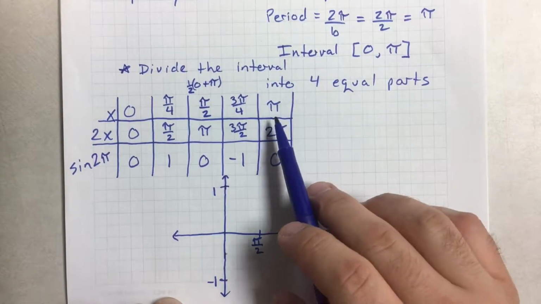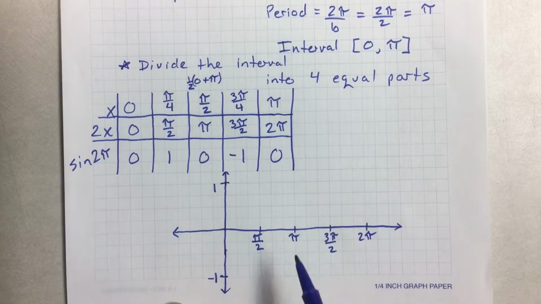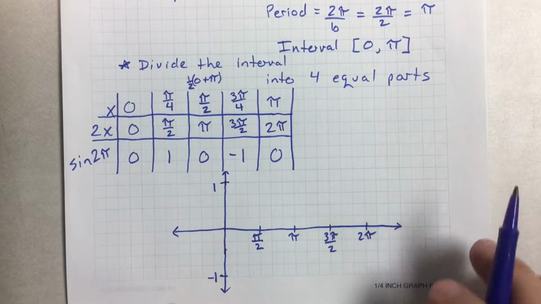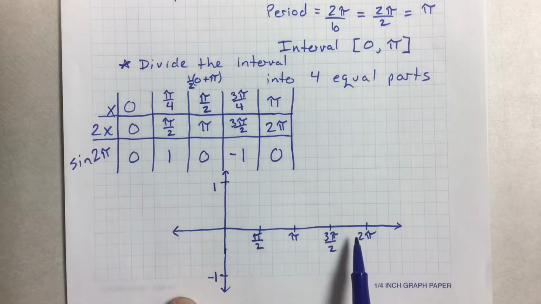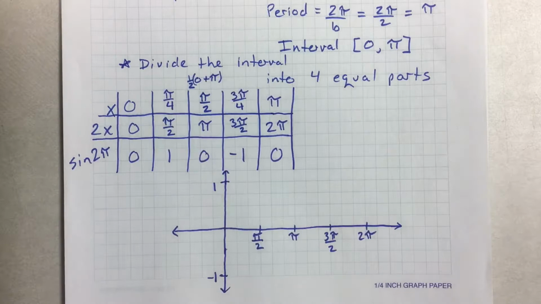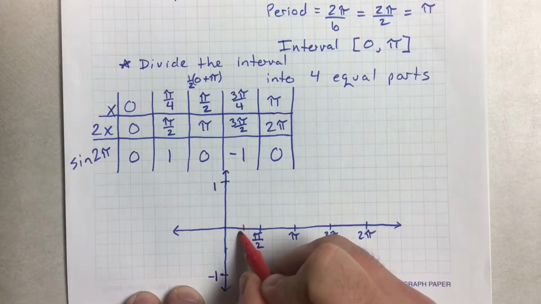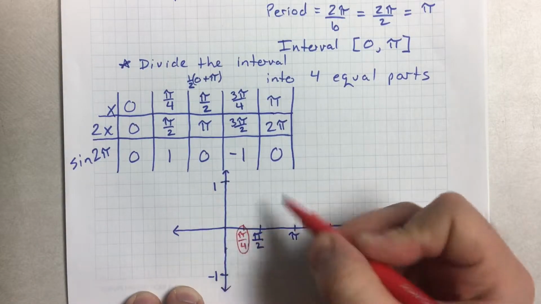Now you might say, wasn't our interval only to pi? Well, yes, and you're going to see why I wrote all the way out to 2 pi. To graph this, we have these 4 values. If I need to, I can use a different color. Pi/4 is midway here, and that's one of my values, so I'm going to circle that.